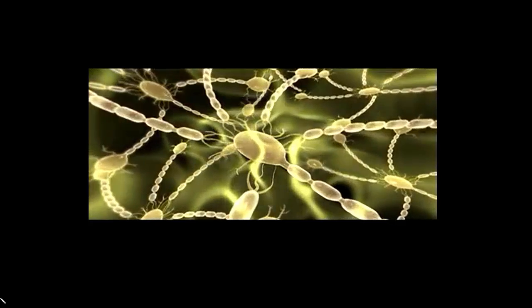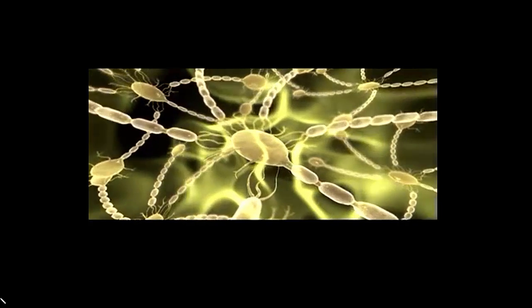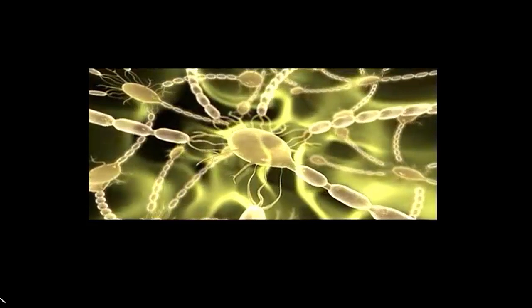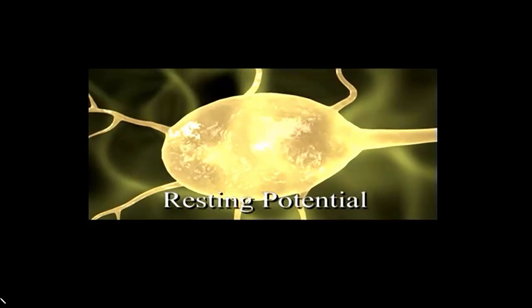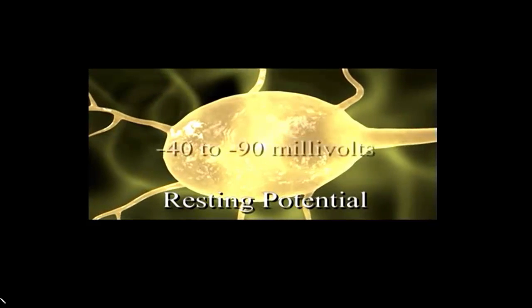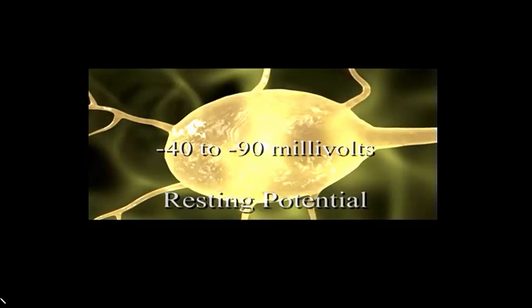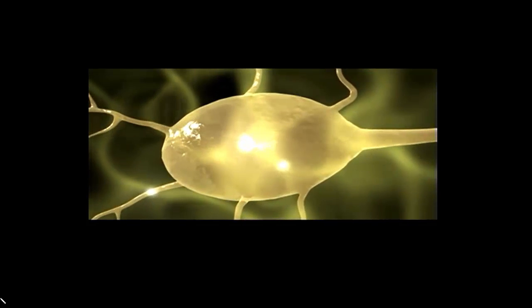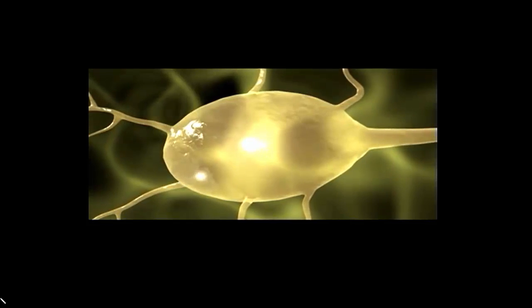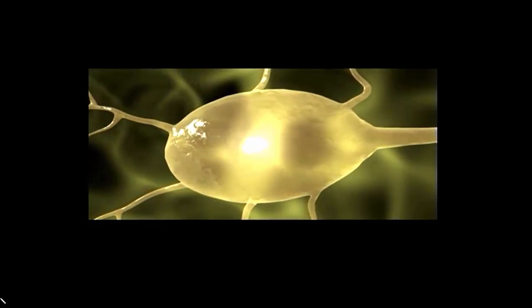Unstimulated, neurons maintain a constant electrical difference or potential across their cell membranes. This potential, called resting potential, is always negative inside the cell and ranges from -40 to -90 millivolts. If a neuron is stimulated, the negative potential inside the neuron can be made either more or less negative depending on the stimulus.